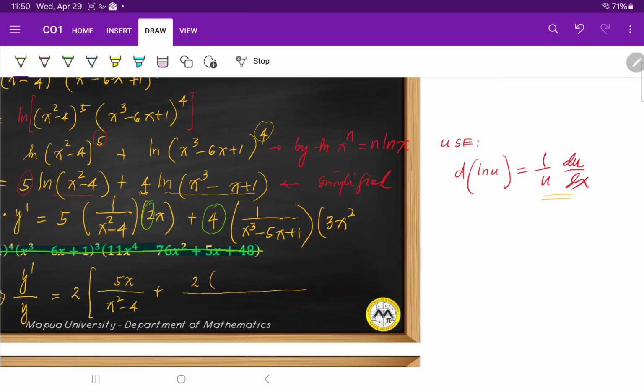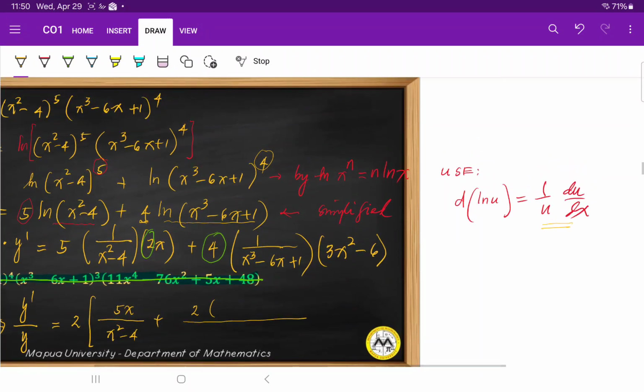So you have x cubed, this should be 6x, and then again, this should be 6x plus 1. Okay, now 3x squared minus 6. Then ln of u is x cubed minus 6x plus 1. Then the derivative of x cubed minus 6x plus 1 is 3x squared minus 6.